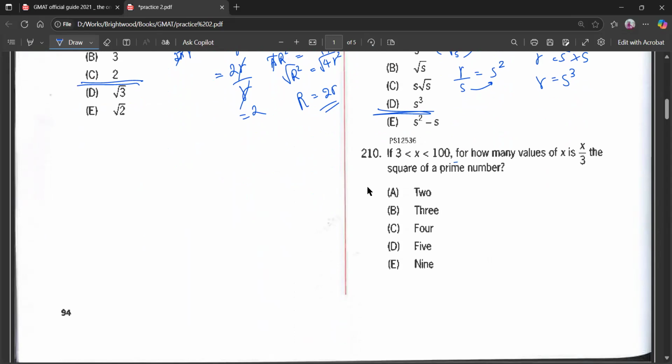So next thing, 3 less than x less than 100. How many values of x are there such that x over 3 is the square of a prime number? What is that? x should be between 3 and 100.